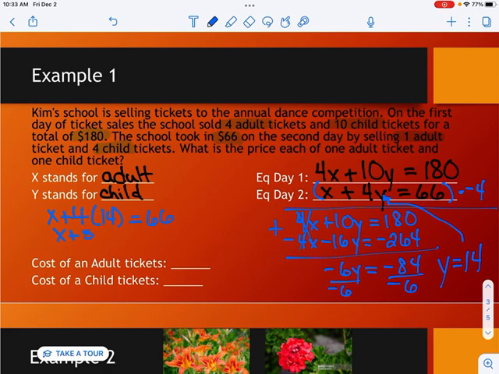So x plus 56 equals 66. Subtract 56 from both sides, and that gives you x is equal to 10. Remember, x was the adult tickets, so the cost would be $10. The cost for the children's ticket is $14. And that's how we go about doing that.